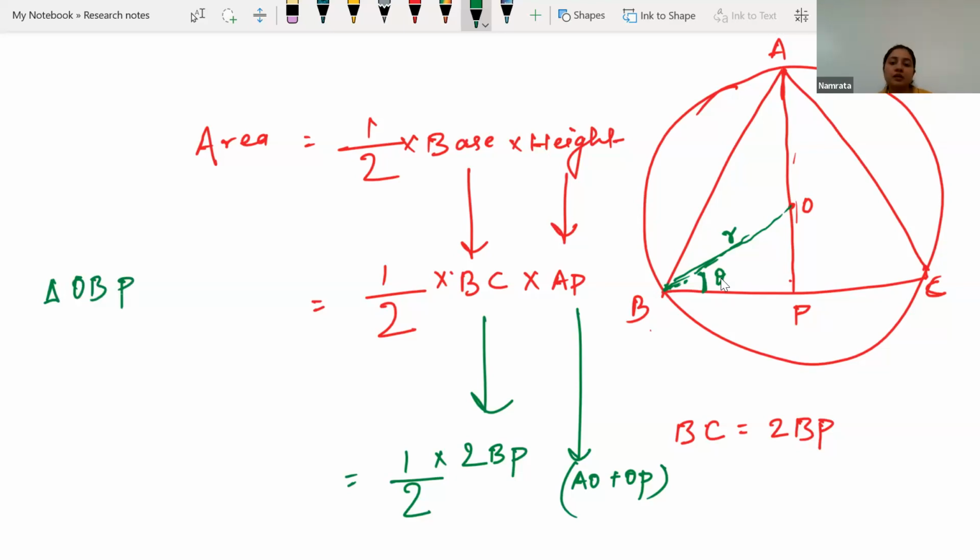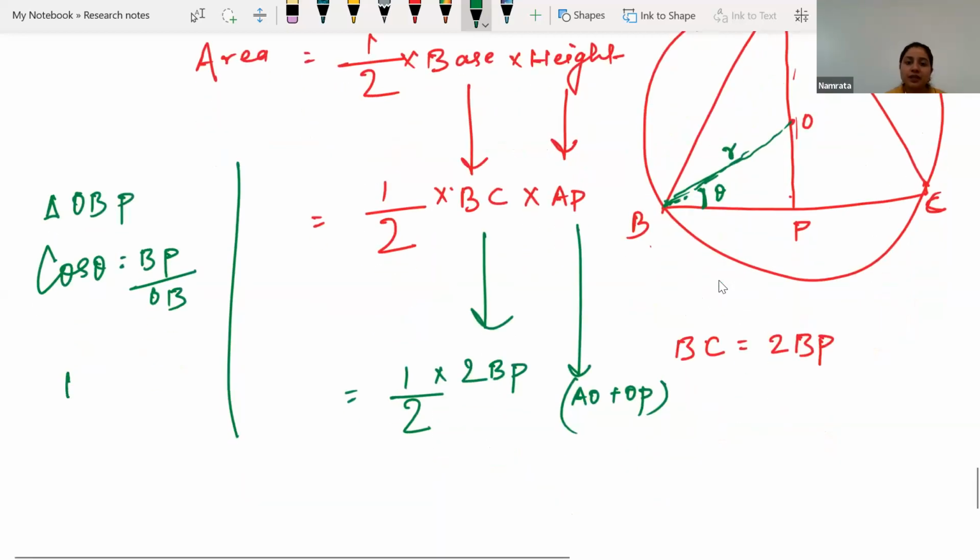I want to write a trigonometric ratio by using the side BP and the side OB. BP is the adjacent side and OB is the hypotenuse. That means we can use cos theta. Cos theta is equal to BP over OB. Can we write it like this?